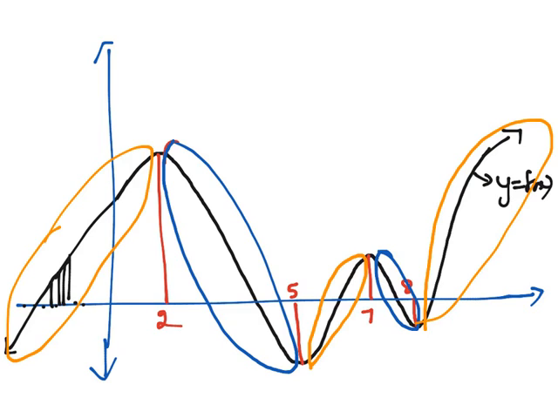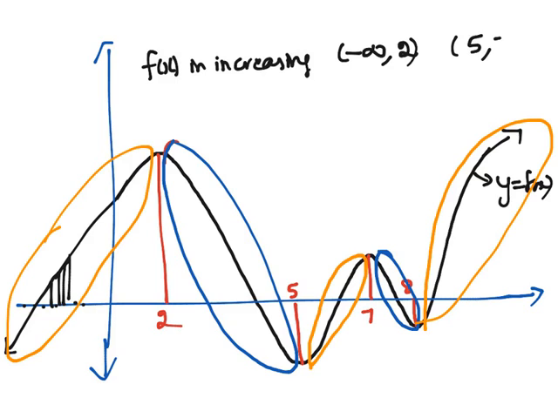Now what does it mean? Where is f of x increasing, students? It is increasing before 2, that means minus infinity comma 2, and it is also increasing between 5 and 7, and after 8, that means 8 to infinity.